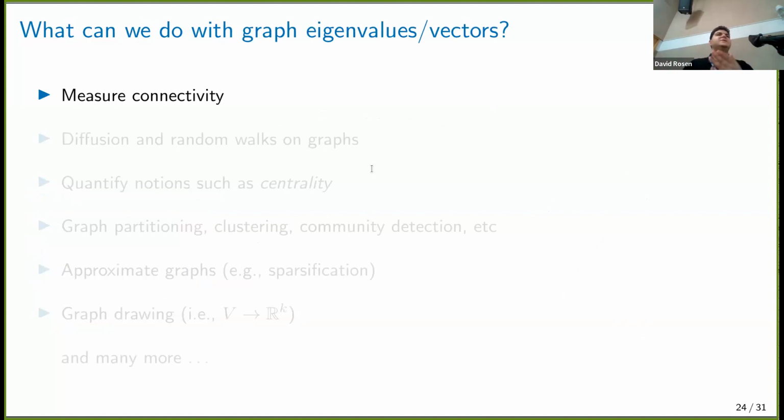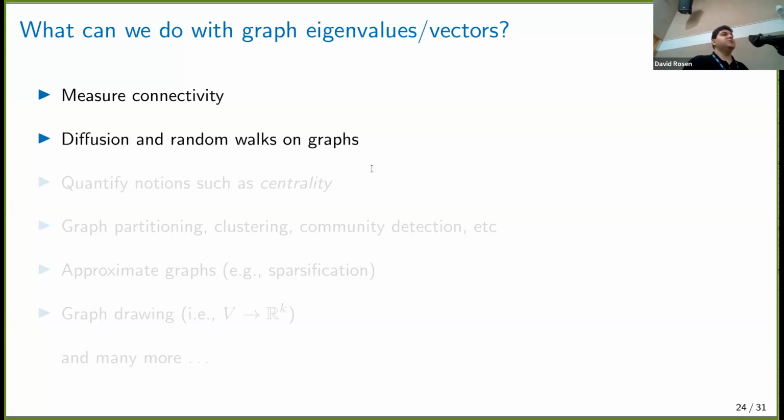For example, in David's example, the rate of convergence to the consensus state was determined by some eigenvalue of the Laplacian. And as we will see later, there is a relation between that and how well connected the graph is. So this is very important in any application that involves a graph or a network.